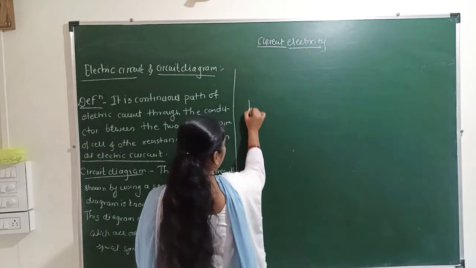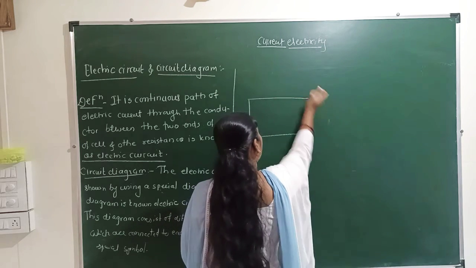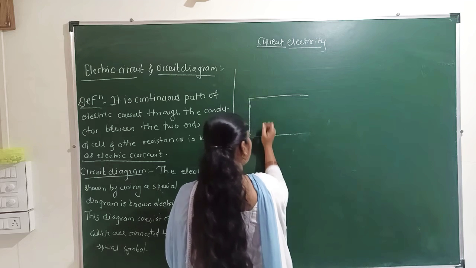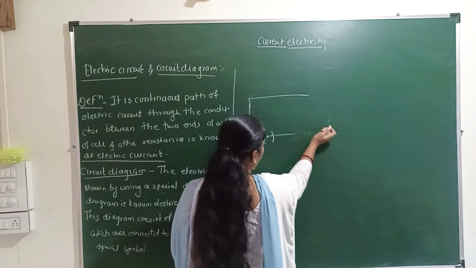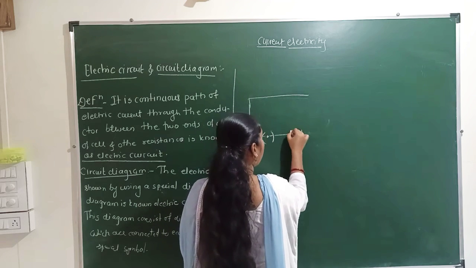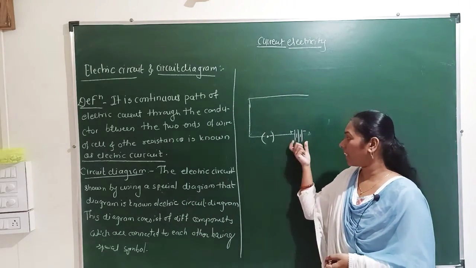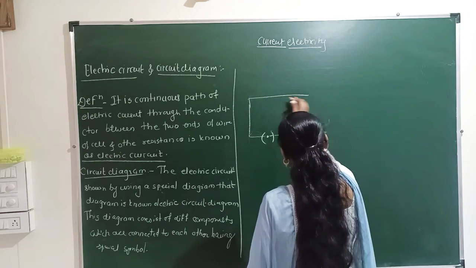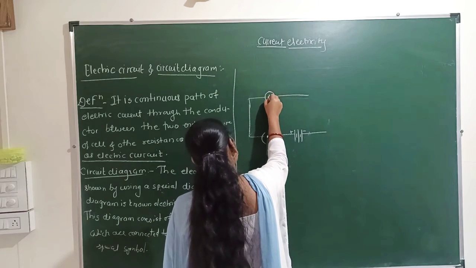It mainly consists of two conducting wires, also called conductors. These conducting wires include a plug key. After that it consists of a battery. When more than one cell is connected to each other, it is called a battery. After that, here is an apparatus known as an ammeter.